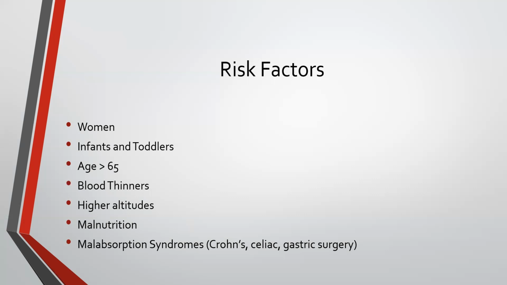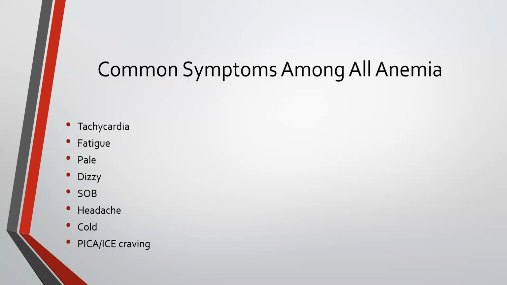Okay. And let's see, common symptoms. Okay, so among all anemias, every single anemia, no matter which ones we talk about coming up, these are your common core symptoms. Tachycardia at rest. Why? Because the body senses there are not enough red blood cells and hemoglobin circulating, so the heart will speed up in an attempt to get that oxygen circulated to tissues.